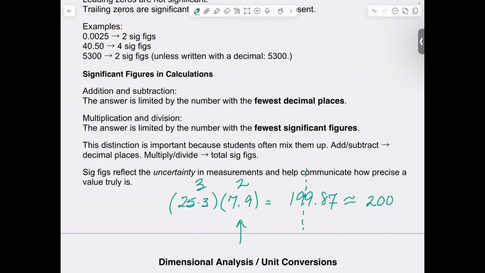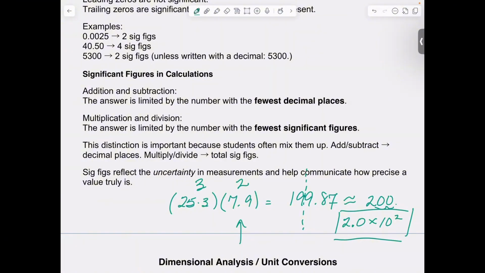So I would take the 200 and move my decimal place over 2 spots. So I would have 2.0 times 10 to the second power. So 200 is 2 times 10 squared, or 2 times 100. And I am now technically reporting that in the correct number of sig figs.